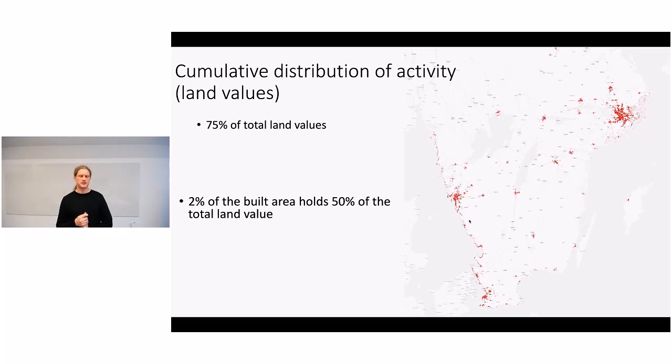So we would like to understand that process that generates this enormous concentration of land value. So what makes these 2% so special? Well, maybe you can say that they have a good location, and sometimes that is true. You can see along the west coast there is a lot of attractive locations. But then when you look at cities, what's so special about those areas?